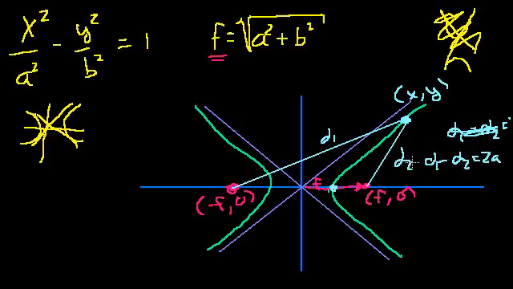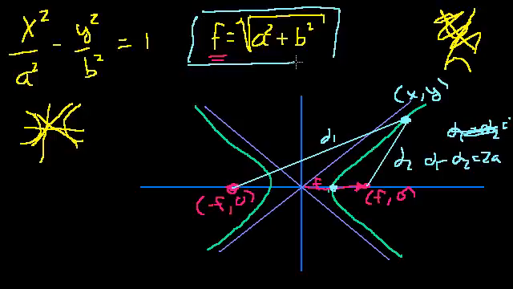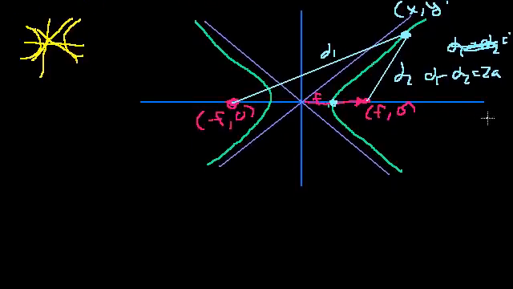So d1 minus d2 is equal to 2a. Let's use this fact, that d1 minus d2 is equal to 2a, to try to prove this right there. So the first thing to do is figure out what d1 and d2 are, just using the distance formula. So what's d1? d1 is the distance between this point and this point, minus f comma 0.